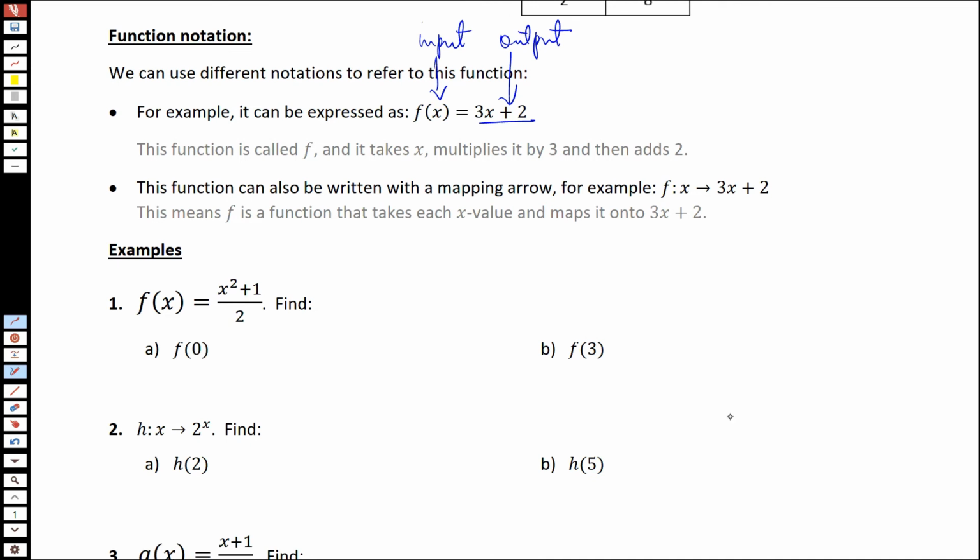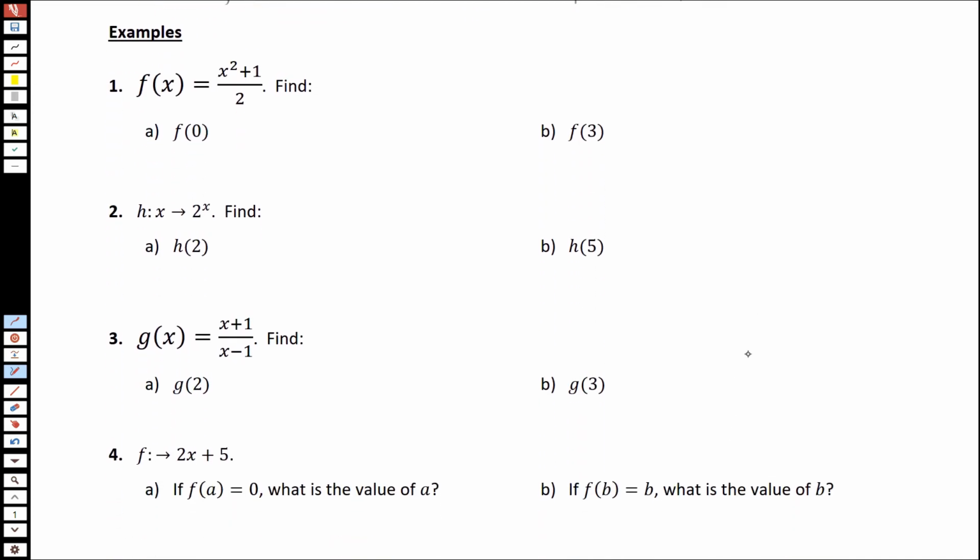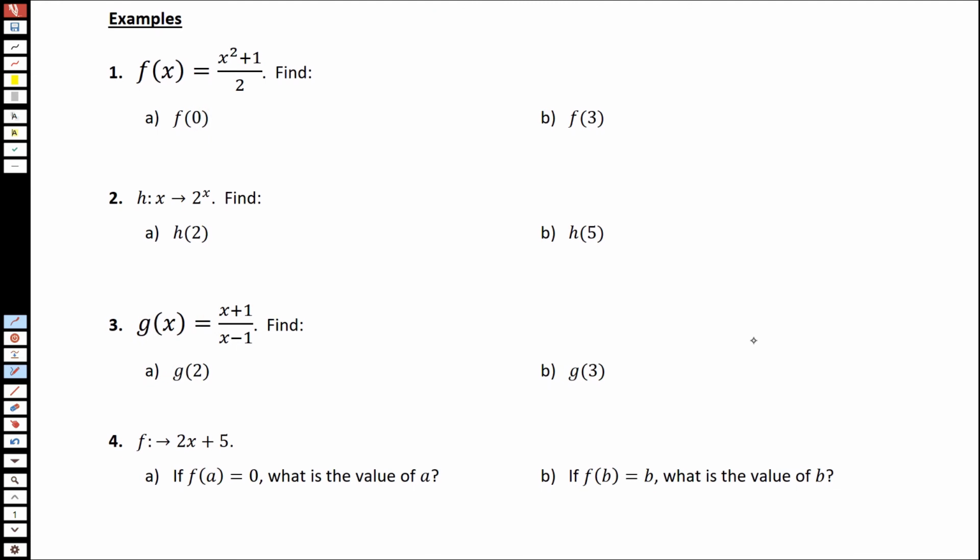All right, so now I'm going to walk through some examples of different questions involving this function. So basically here what we'll be doing is just finding the values of functions. So we want to find the value of this function when x is equal to 0. That will be equal to 0 squared plus 1 over 2, which is just a half.